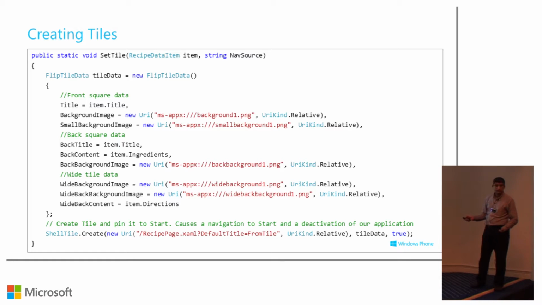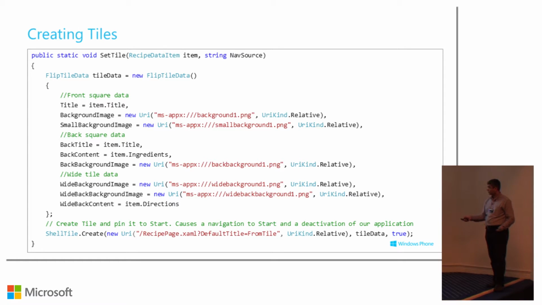Now keep in mind you're creating a secondary tile, right? So you need to provide a way for the application to come back to your page. And so this is the URL that is going to be looked at when you are coming back from the secondary tile. So this indicates which page you want to go to and from where you are coming.